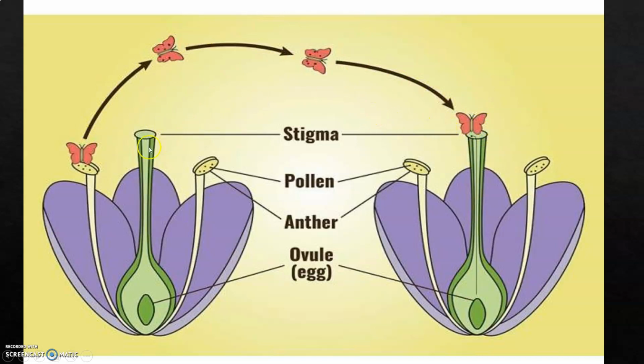Now, pollination can be self-pollination or cross-pollination. If pollination is taking place in the same flower or in the same plant, it is called self-pollination. But if it is taking place between two different plants, then it is called cross-pollination.